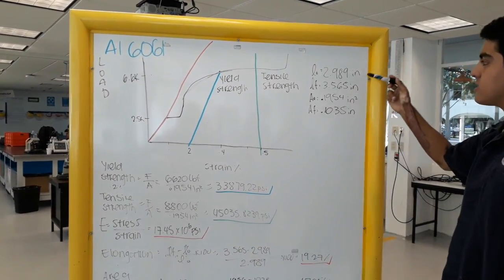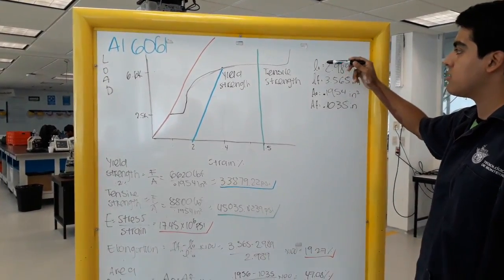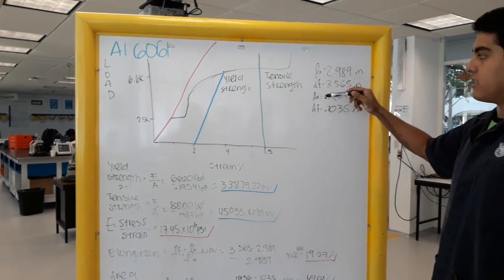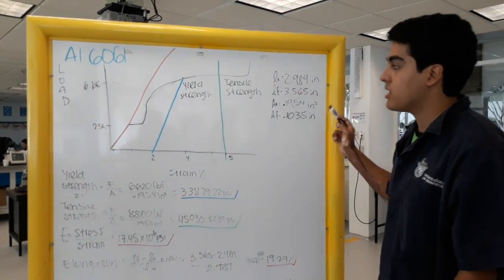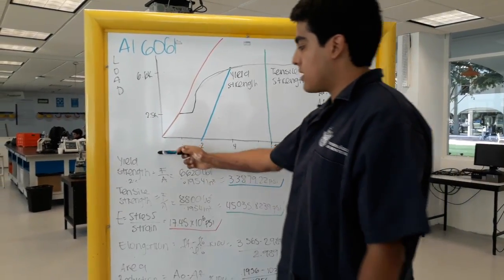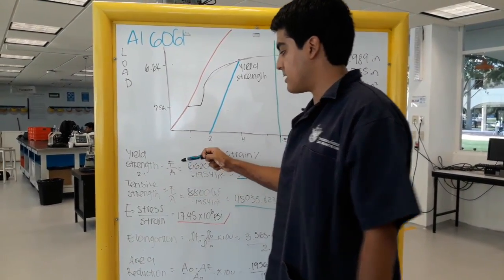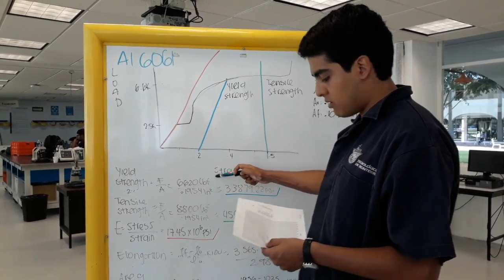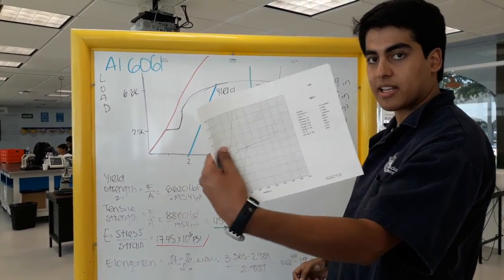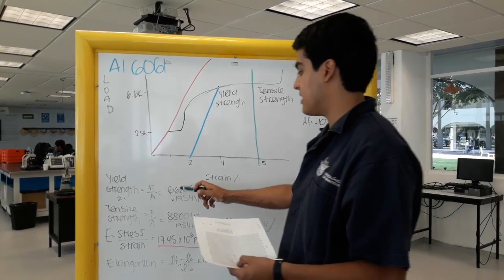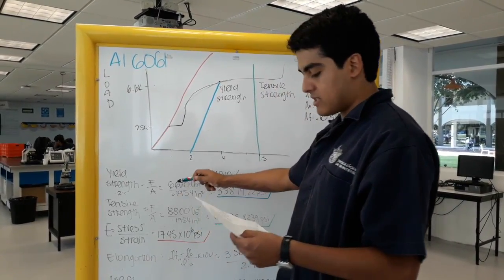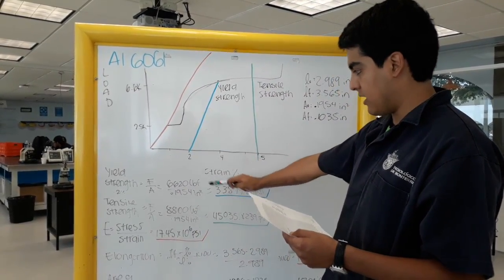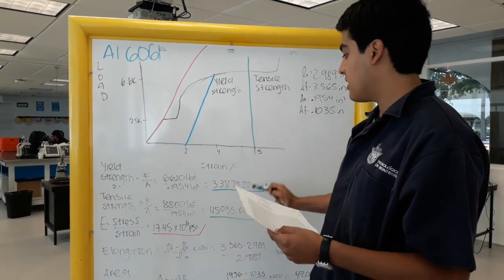We obtained this length, the original, the final, the initial area, and the final area. First, we calculate the yield strength at 0.2%. This is force divided by area. We use this value of force that we obtain here in the table, that is 6,620 pound force.